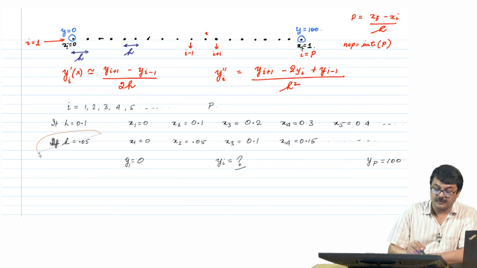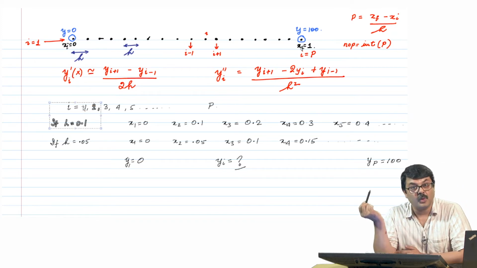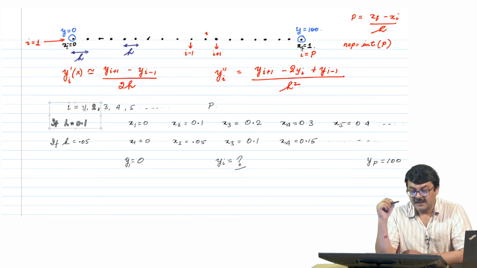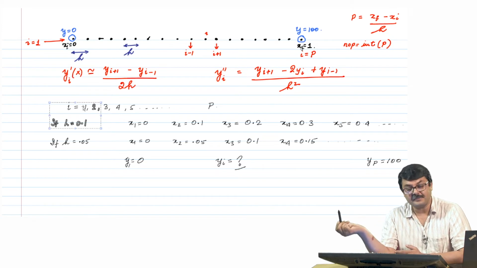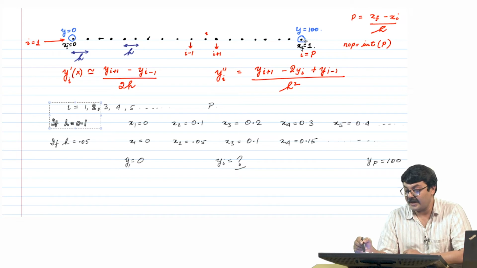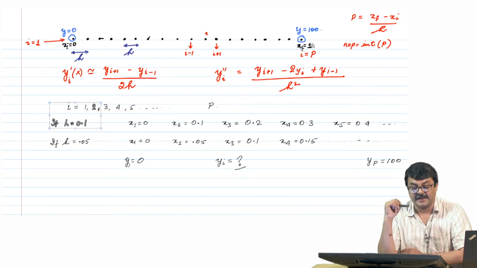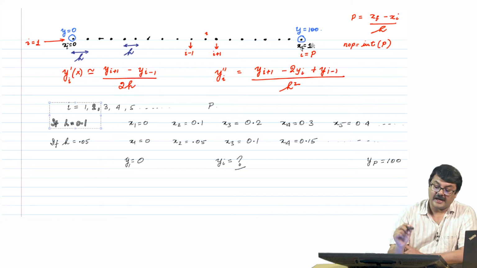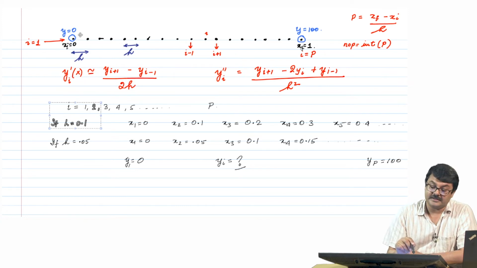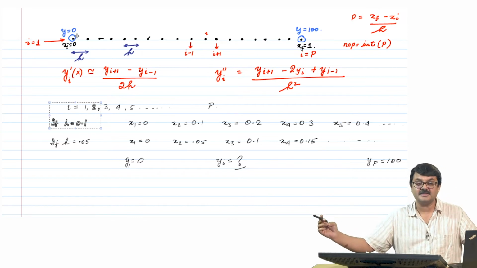But if you take, suppose, h equal to a bigger 0.1, then you will have 10 points between xi equal to 0 and xf equal to 1. i will run from 1 to 10. Now, you have discretized space along the x direction.